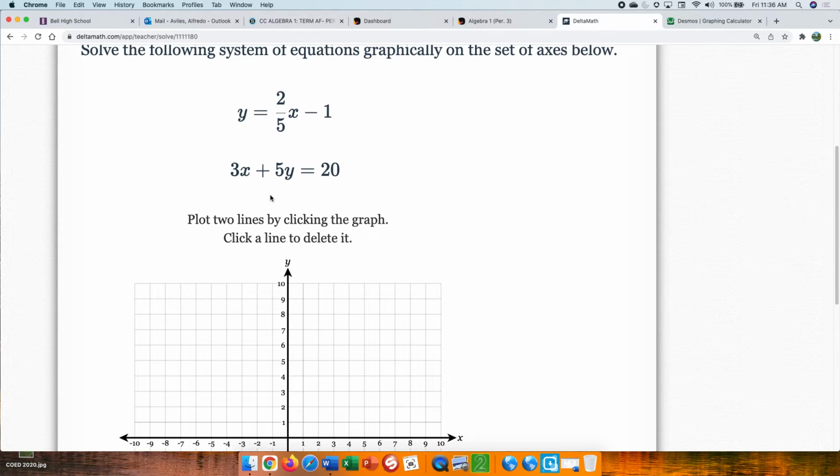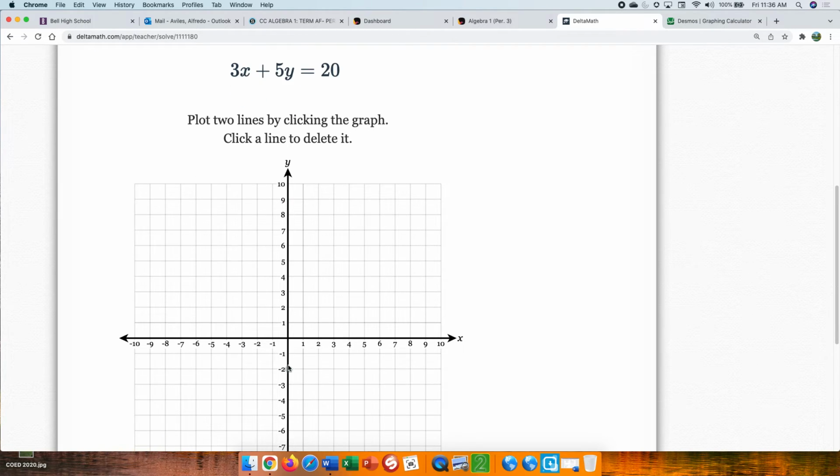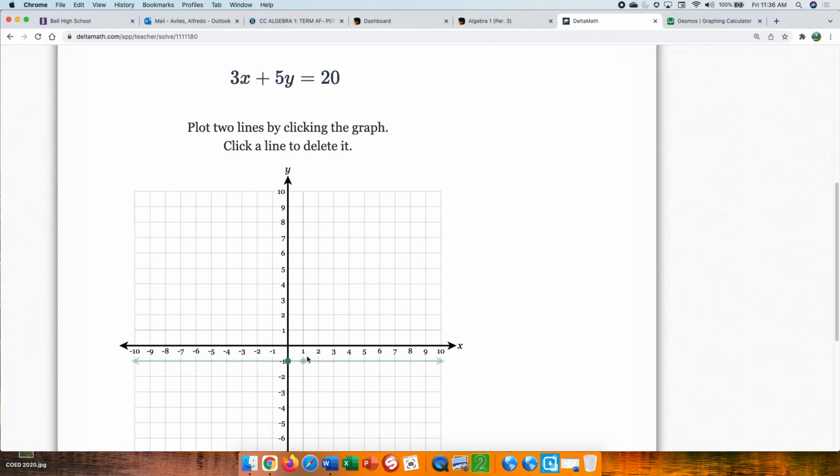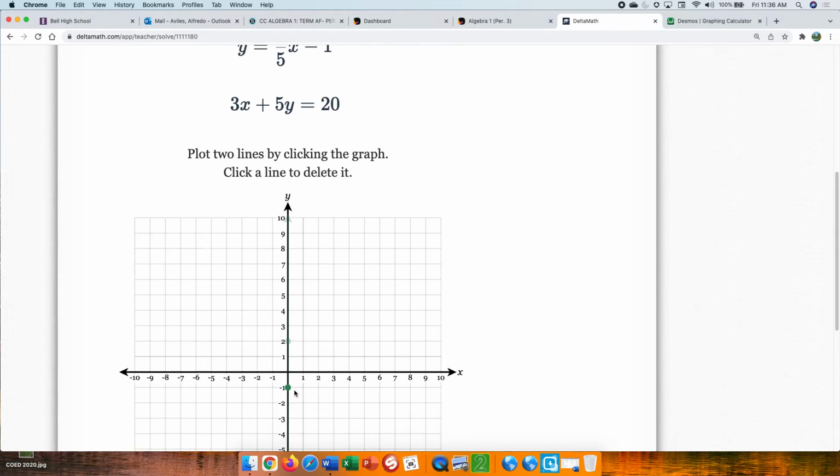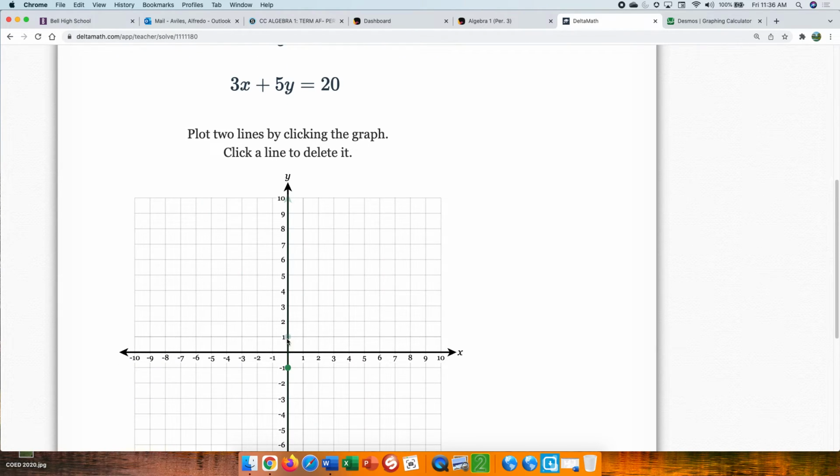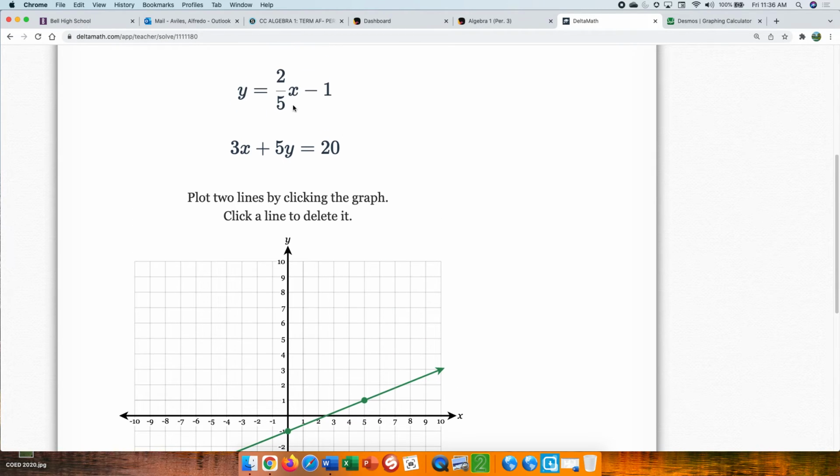Go ahead and solve the 3x plus 5y equals 20. Solve that for y. Let me graph the top one first. -1, click, and then up 2 over 5. Okay, I graphed this one. This one was ready to go. It's already solved for y.